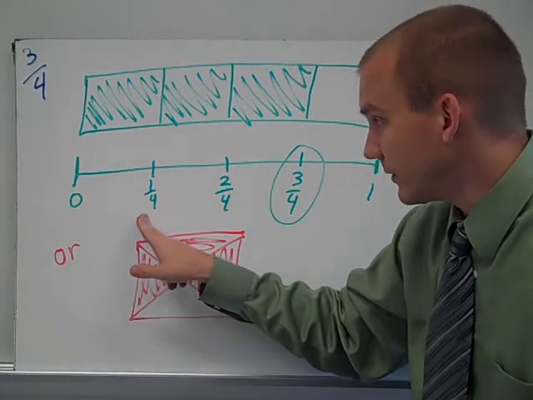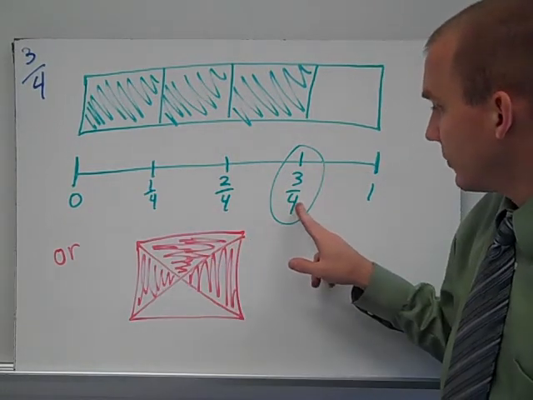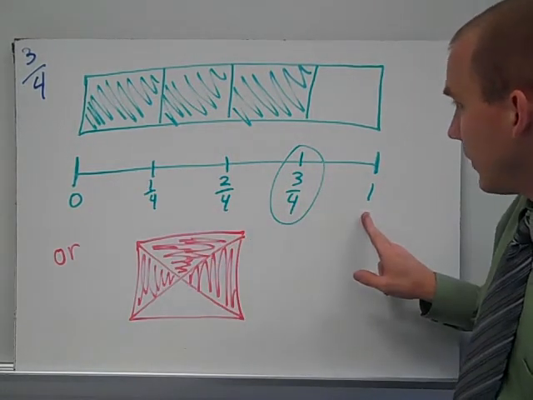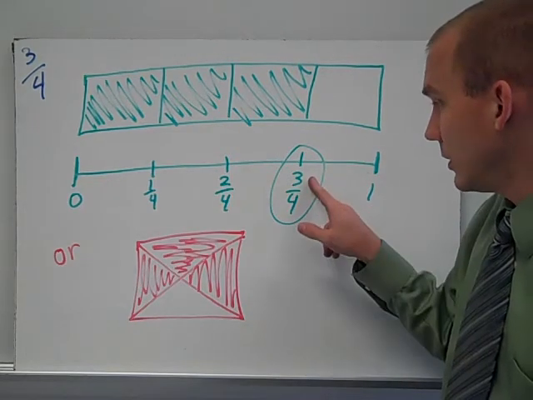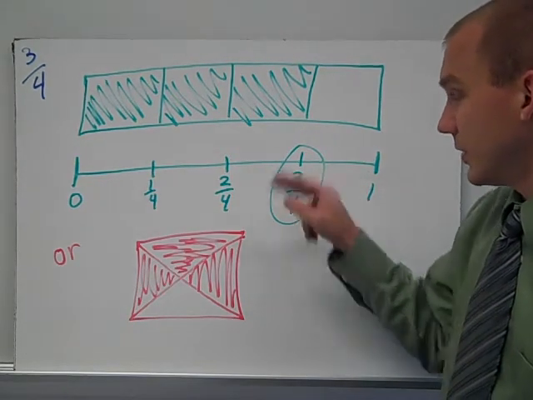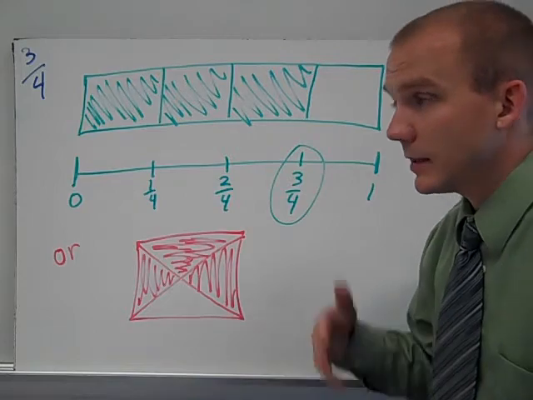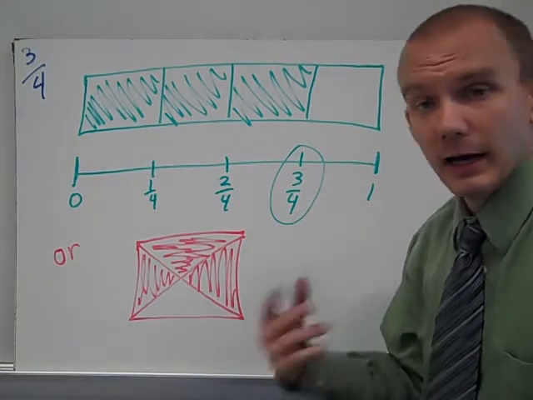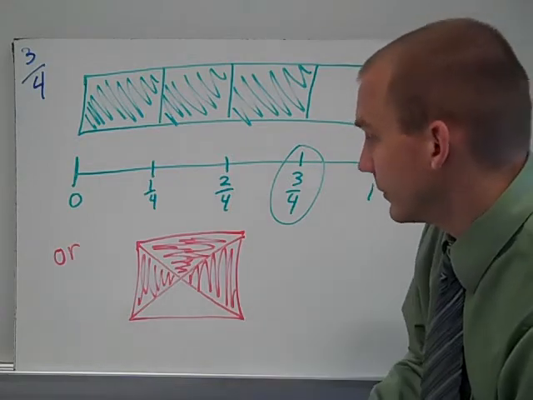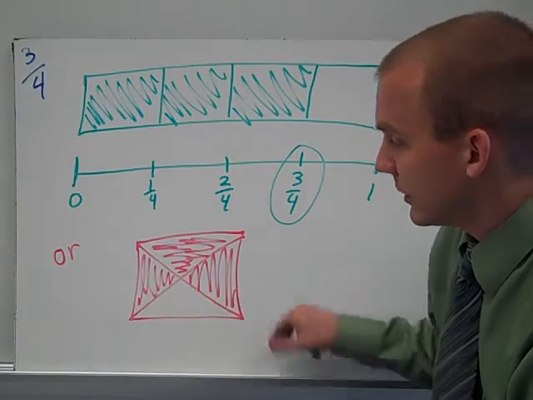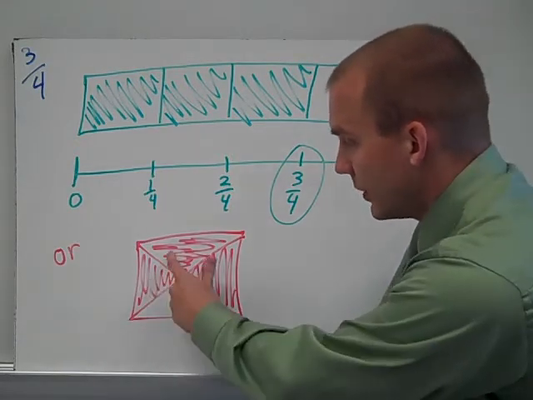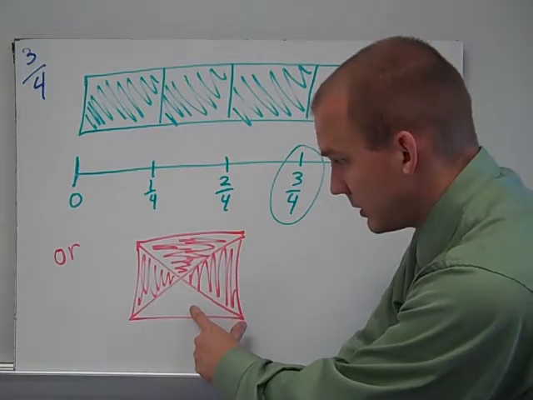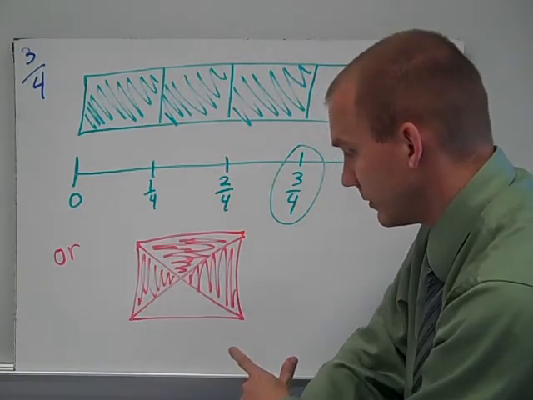It says 1/4, 2/4, 3/4, and then you have all 4 of your fourths, which is one whole. So 3/4 is another way to explain this fraction, a over b, 3 over 4, to meet our learning target. Or here's another picture you could draw: 1, 2, 3, 4 equal parts, and 3 of them are shaded in.